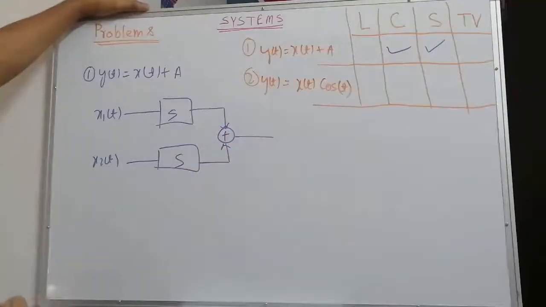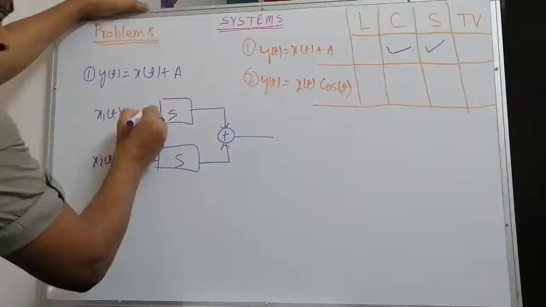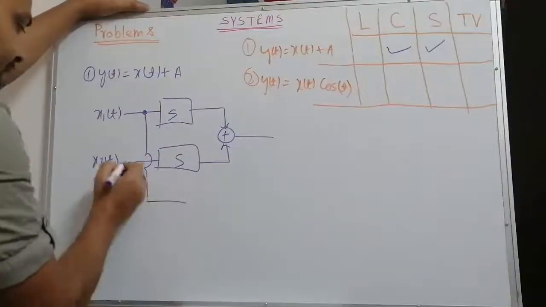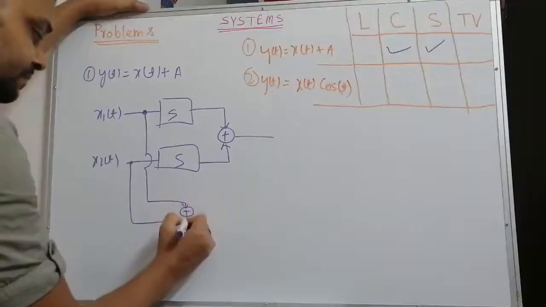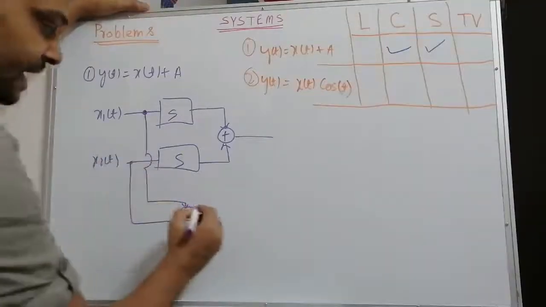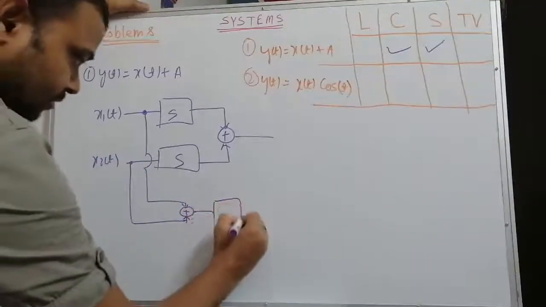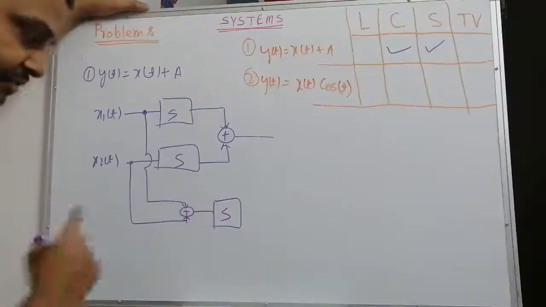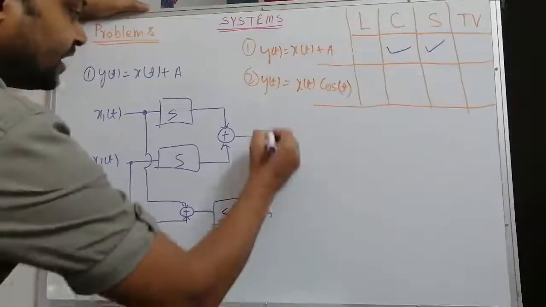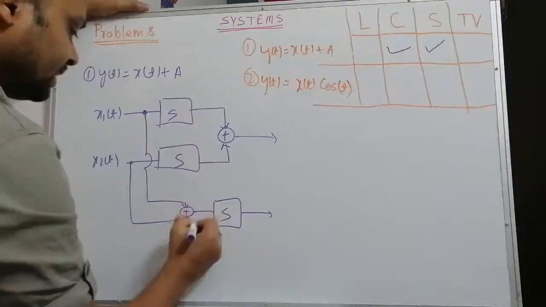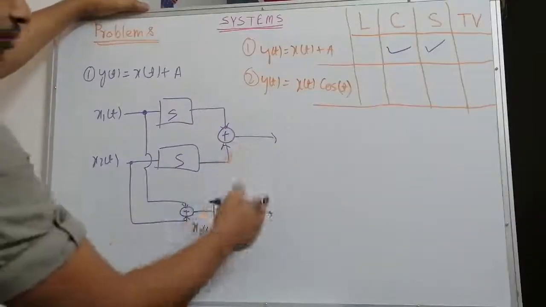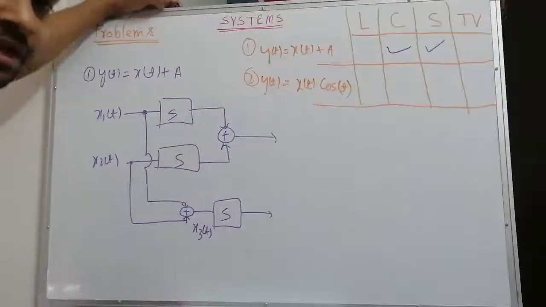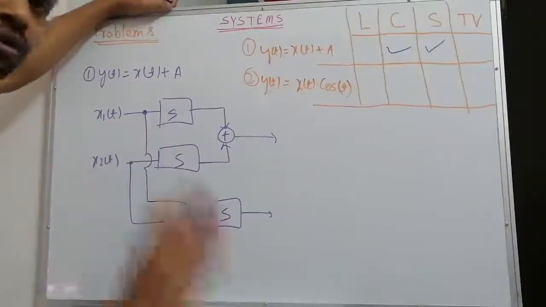Then we take x1 of t and x2 of t, add them, and give the sum to the system, which gives some value. Let us assume this input is x3 of t. If these two outputs are the same, then the system is linear, else non-linear.